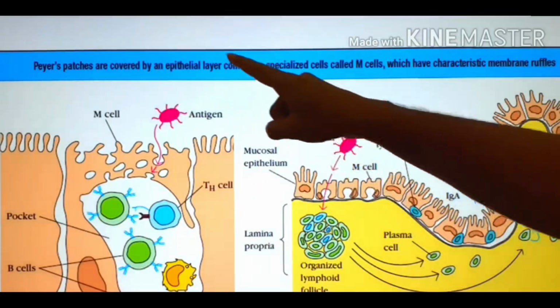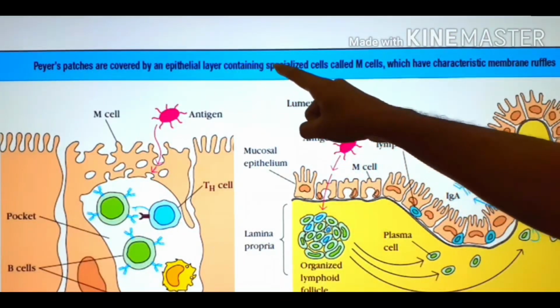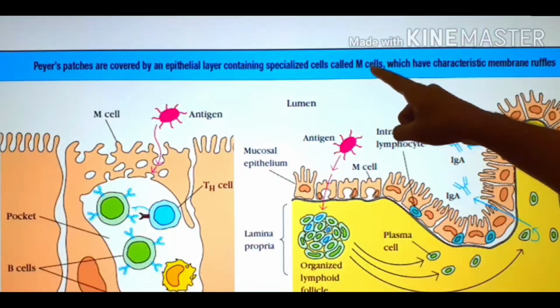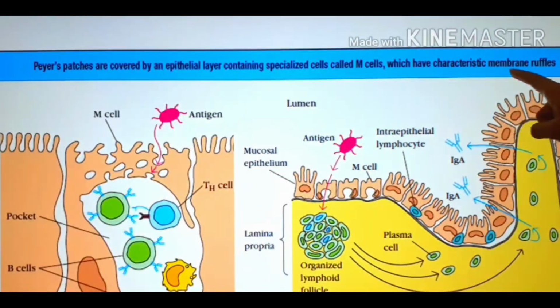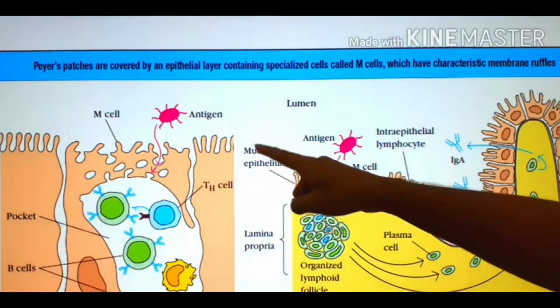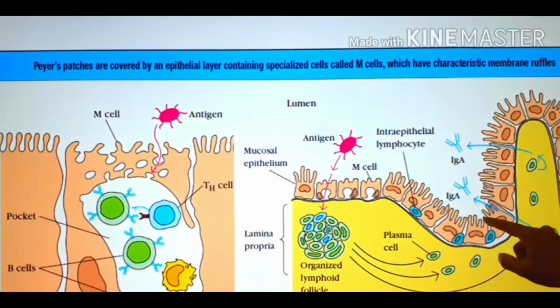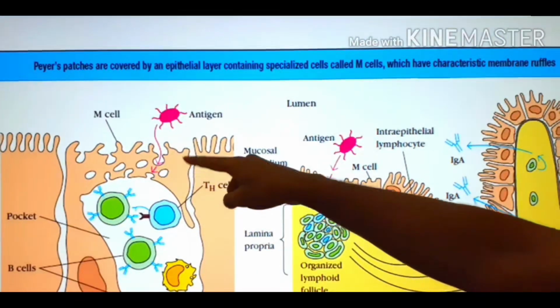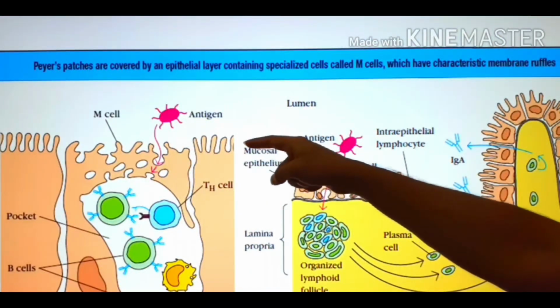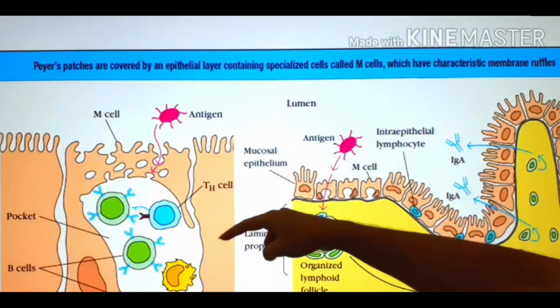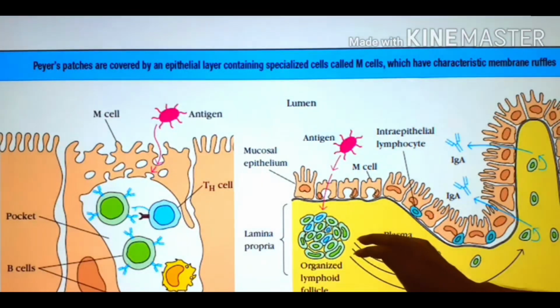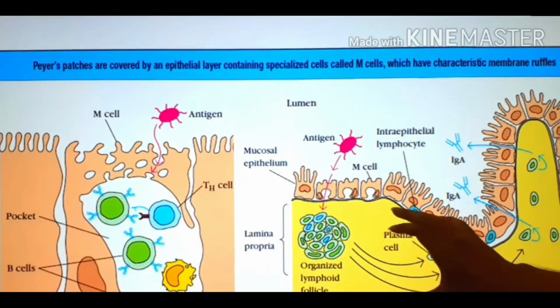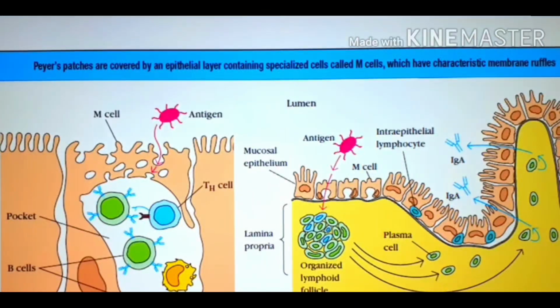Now you can see Peyer's patches are covered by an epithelial layer containing specialized cells called M cells, which have characteristic membrane ruffles. So these cells do not have microvilli but have ruffles so that antigen can come into the cell. In this case, as the Peyer's patch or MALT is mucosa associated, B cells produce one isotype, that is IgA.